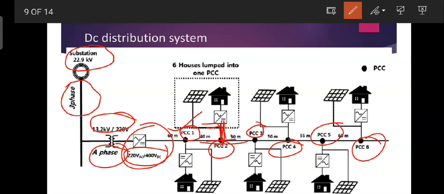All the three are connected with the point of common coupling. There is also a point of common coupling of a transmission line with a distribution system with a generating system. There is a solar panel, those are solar panels, remember that.